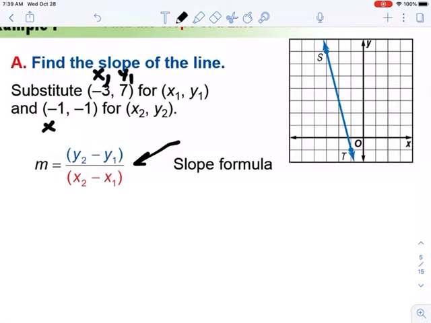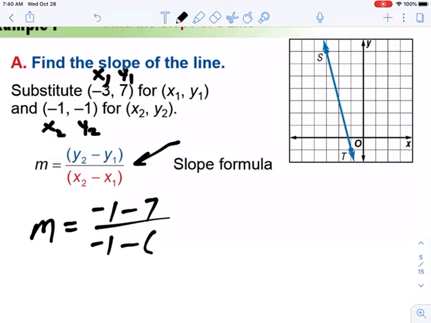And only because this point's second, I'll call it x sub 2, y sub 2. It doesn't matter. You can switch them if you wish. Slope is y sub 2, negative 1, minus y sub 1, 7, over x sub 2, negative 1, minus x sub 1, negative 3.